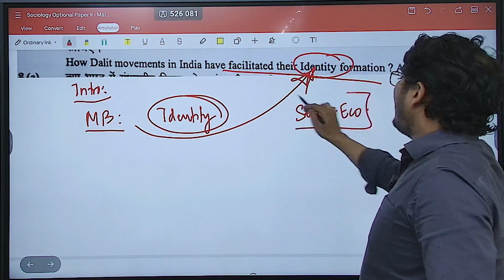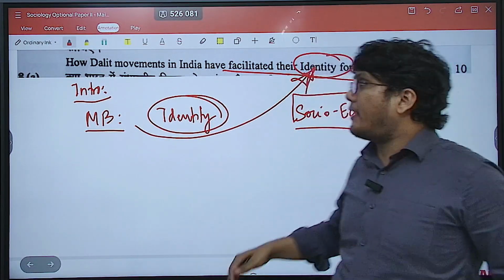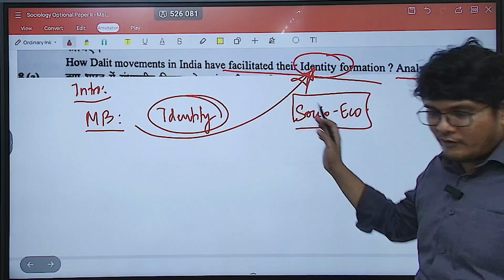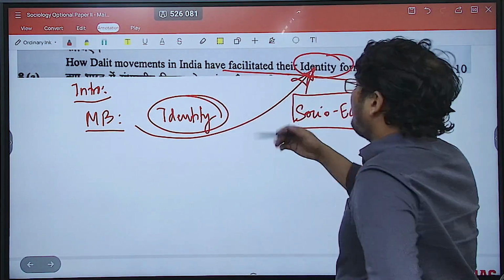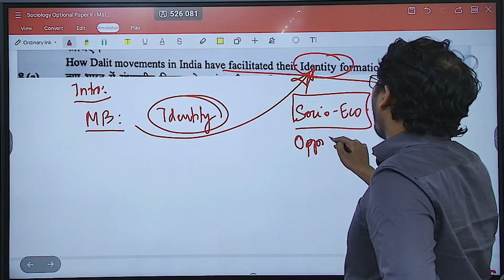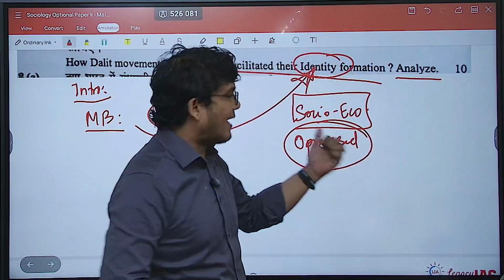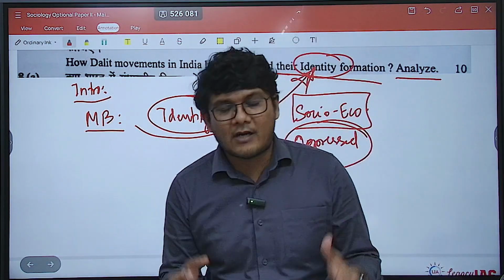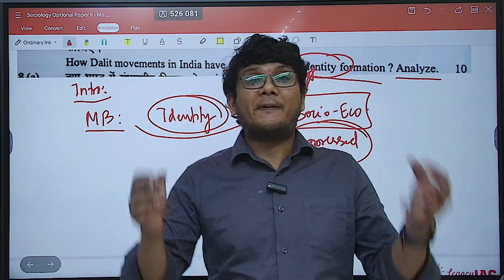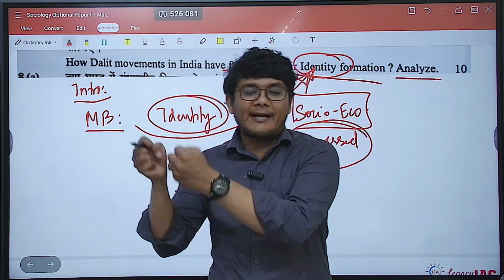So they made them stand separate with respect to their socio-economic condition, separate from their religion. They are now being classified as the oppressed class, not with respect to their caste or religion, but with respect to the situation they are in, which gives them a separate identity.